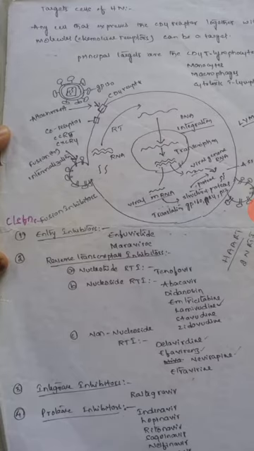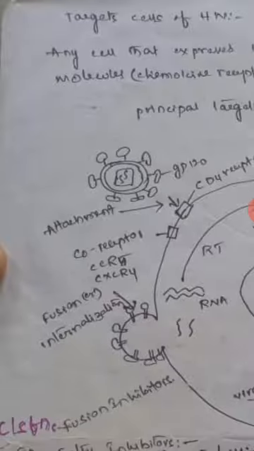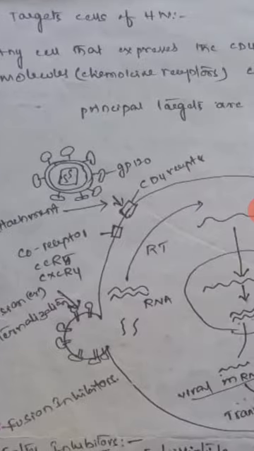Glycoprotein 120 and glycoprotein 41 combined together are called glycoprotein 160. These glycoproteins are useful for binding with CD4 receptors and co-receptors.